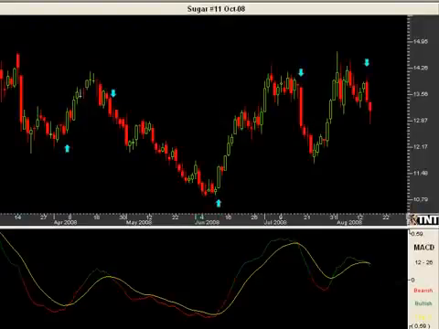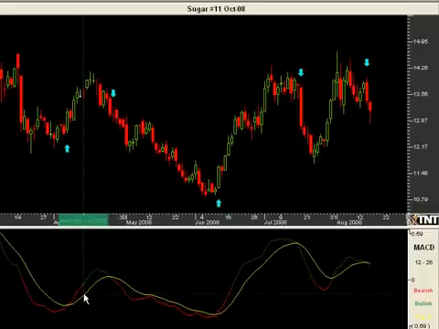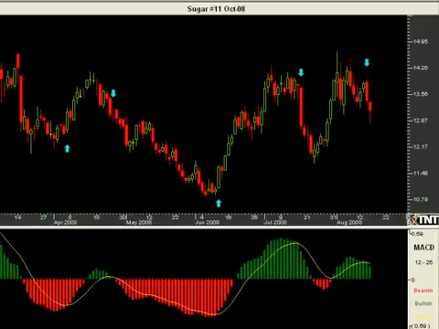The line chart would look like this, where it's the same idea, but it just highlights the extreme of the histogram. This other line that we see on here, this yellow line, is known as the trigger line. That is yet another exponential moving average line, and it's supposed to tell you when you should buy and sell the market.